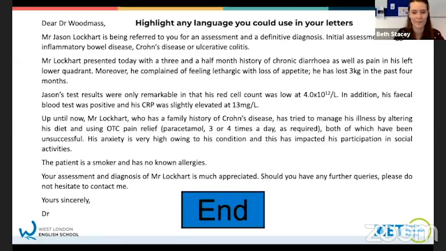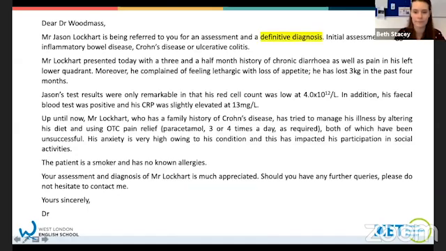Okay. So hopefully you've managed to note down some good language from this. I'm going to go through and show you what I would highlight if I was a student. The first one for me would be "a definitive diagnosis." I think this is really nice and you can use it in many different places.